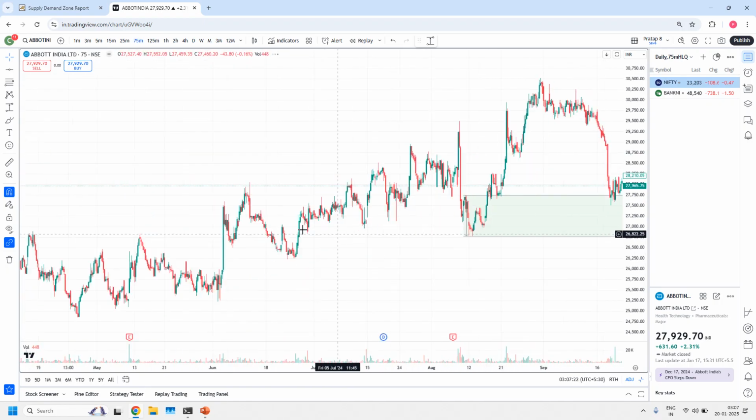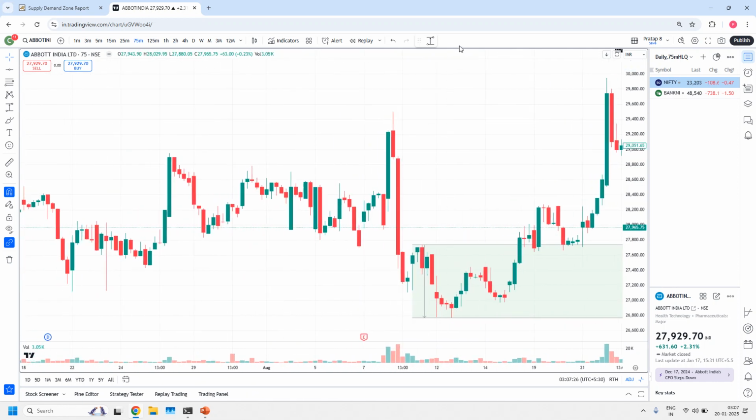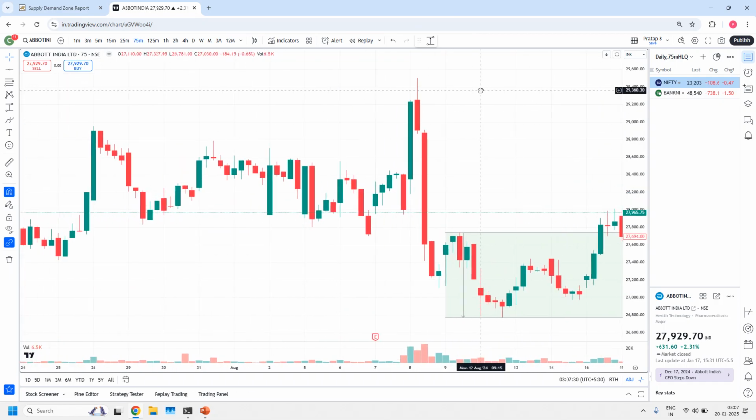First let me check if there is any. See, here you have a failed ERC candle as a drop. You have 1, 2, 3, 4, 5 base candles and a rally.